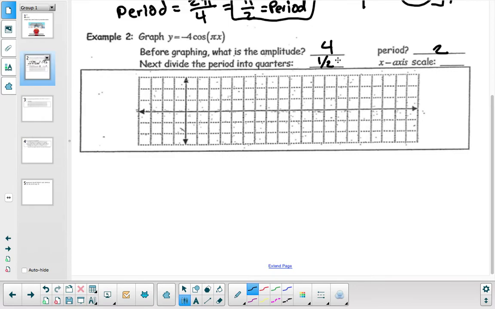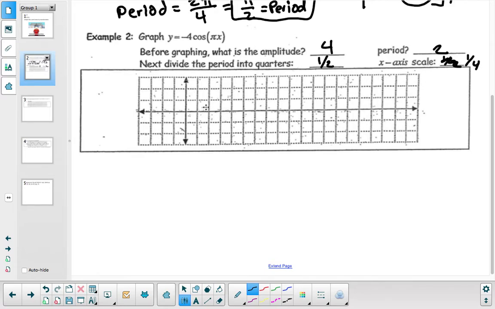You can also divide it into eighths. It'll spread it out a little bit more, but it doesn't hurt to have more cycles. The x-axis scale should be 1/2. Or let's do 1/4. I'm going to divide that by 2 again, so 1/4.